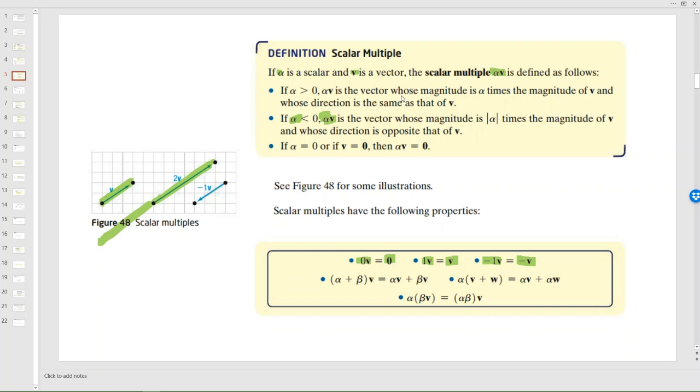If I take some scalar times the sum of 2 vectors, which is different, I can also distribute that and get the same result. And since multiplication is commutative, it doesn't matter if I multiply in different orders. So these are just some of the basic properties that help us understand how vectors work.